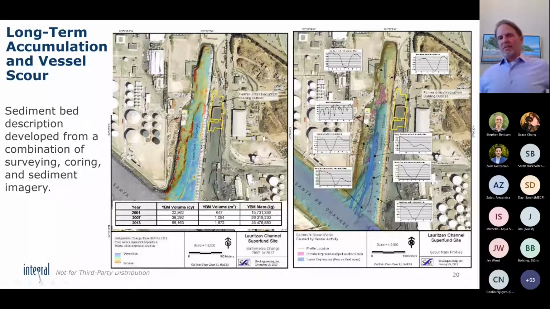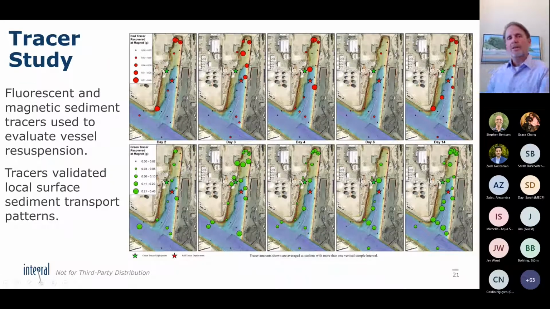If we go into the multibeam and do small cross sections, you can see all these furrowed areas. And these are due to vessel scour that's moving past there. So there's a lot of vessel activity, particularly in this area, that is disturbing the surface of the sediment, even though it's net depositional. So one of the first things we worked with a company called ParTrack to do particle tracking and deployed particle tracers on the bed in the shallow areas and the deeper areas that are both fluorescing and magnetic.